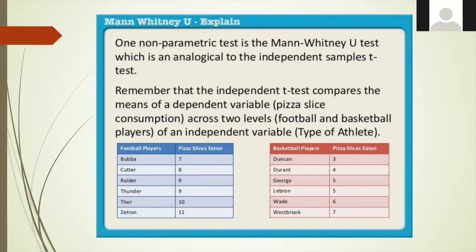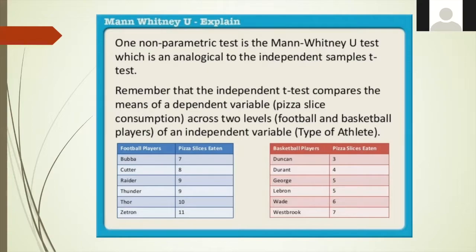Remember that the independent t-test compares the means of a dependent variable, pizza slice consumption, across two levels, football and basketball player, of an independent variable. They are the type of athletes.